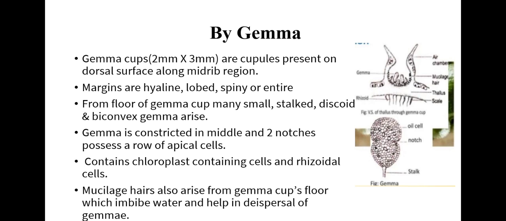Margins are hyaline, which basically means colorless, and lobed, spiny, or entire. The floor of the gemma cup has many small, stalked, discoid, biconvex gemmae. The gemma is constricted in the middle, and two notches possess a row of apical cells, as you can see in the diagram. They contain chloroplast-containing cells and rhizoidal cells. Mucilage hairs also arise from the gemma cup floor, which imbibe water and help in dispersal of the gemmae.